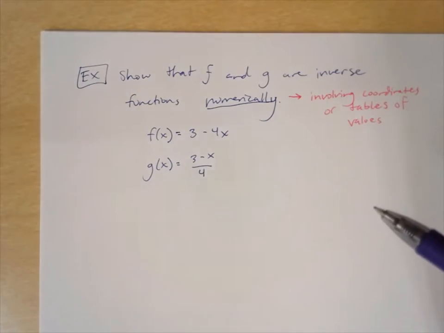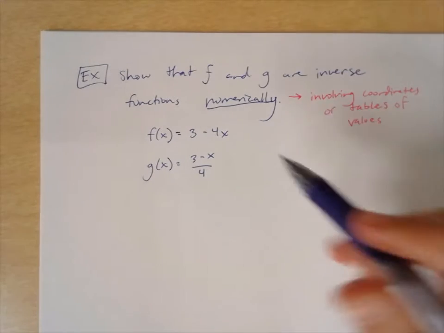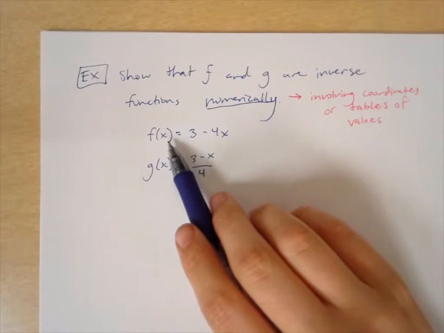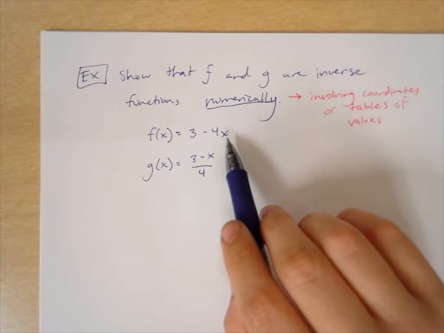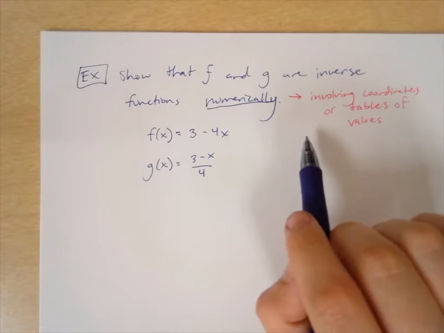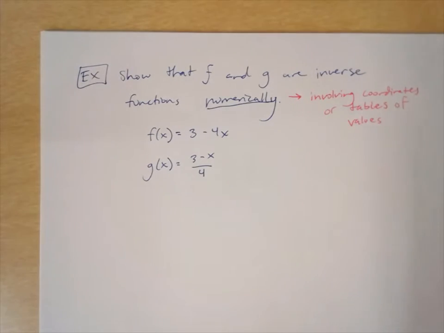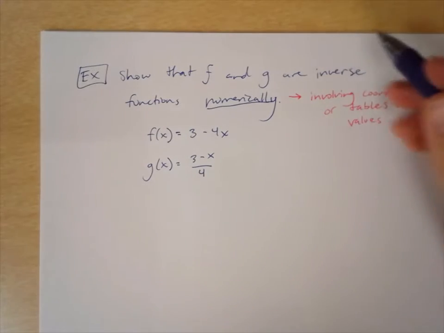So, when we put in a value for f of x, we should get the opposite scenario when we plug into g of x. I'm just going to show you.